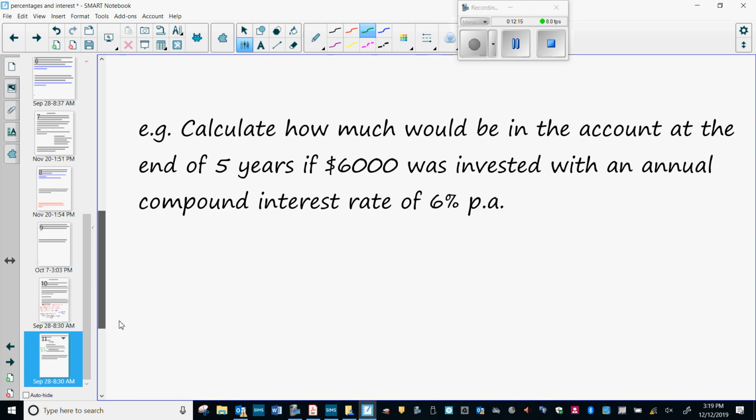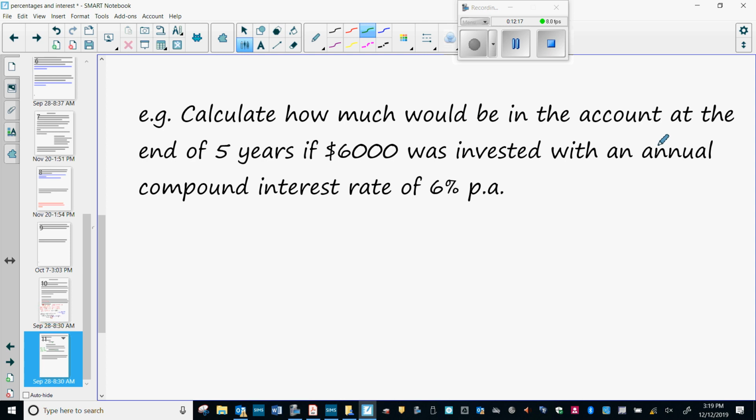So using that formula, we're going to say how much would be in the account at the end of 5 years if $6,000 was invested. Okay? So, our formula is going to be 6,000, that's our P, multiplied by, what's our decimal multiplier this time? 1.06. And what's our number of years? 5.